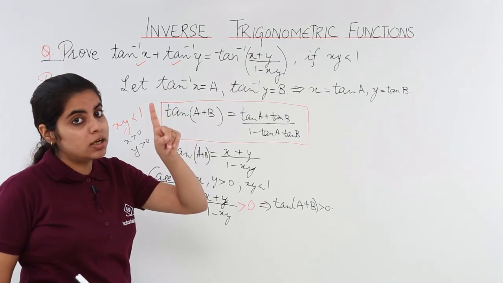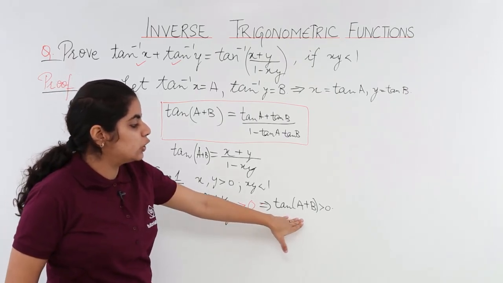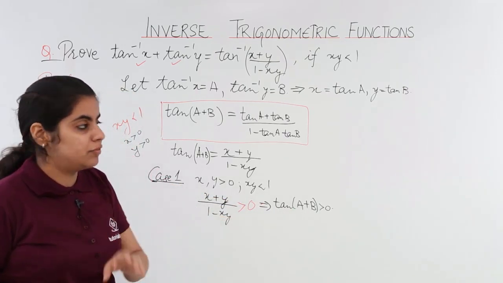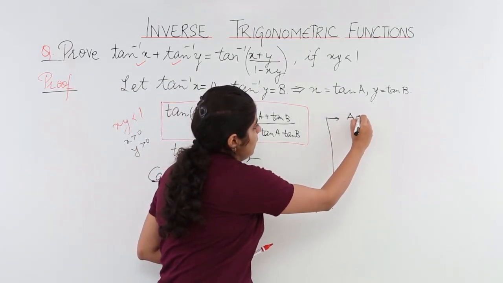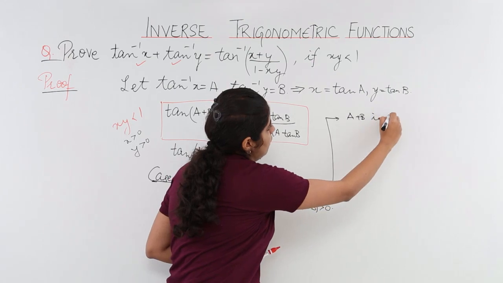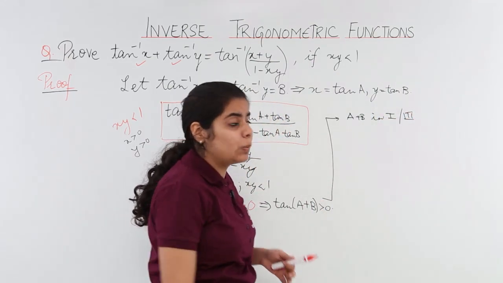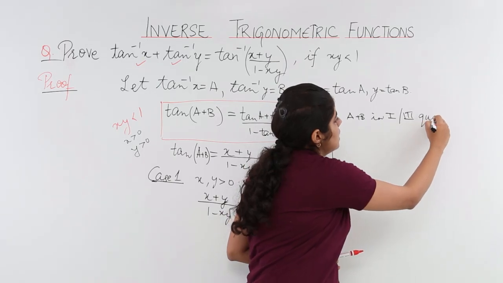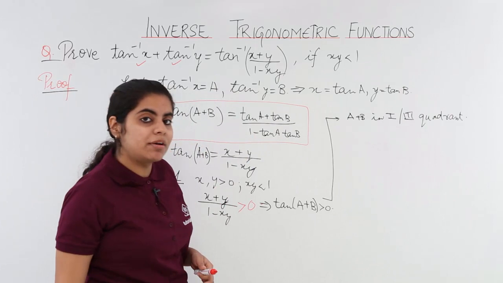First quadrant or third quadrant. So a plus b is in either the first or third quadrant, because I know that positive tan is only in the first or third quadrant.